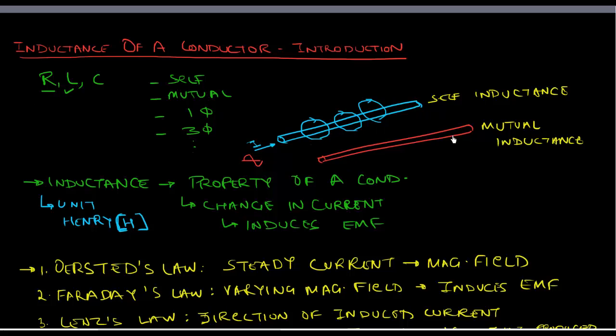I mentioned self-inductance and mutual inductance. I did discuss Faraday's law, where a varying magnetic field induces an EMF, but this induced EMF leads to a current. This current is such that it opposes the current that is causing this change. The changing current is causing the changing magnetic field, which is causing this current.